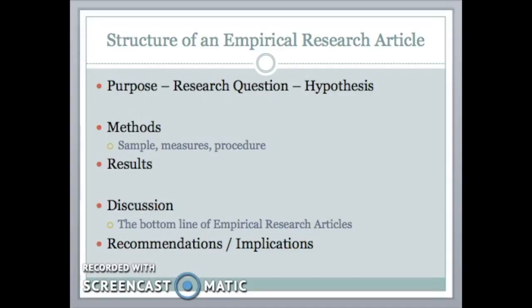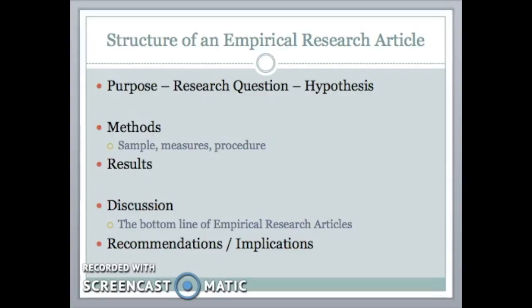For research question, it's a little bit easier to find. It's usually asked as a question. So our research question would be, is there a link between eating red meat and getting cancer?